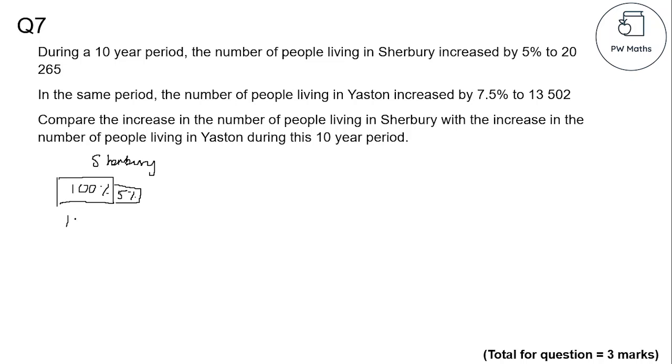So in total, I can see I've got 105%. The population of people living in Sherbury increases by 5% to 20,265, so 105% is 20,265 if we read on the second line. Not sure what to do with that yet, let's read on.